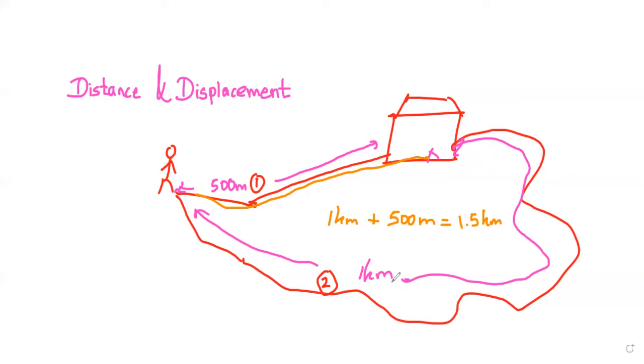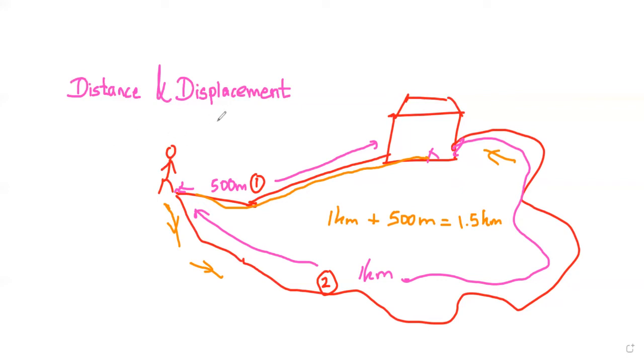When you consider the 1 kilometer, it's not a straight path, so at each point the direction is changing. When traveling along this path you move in this direction, after that in this direction, and here in this direction. However, these directions are all different, and we don't consider them, so that's known as a scalar quantity. So distance is a scalar quantity.